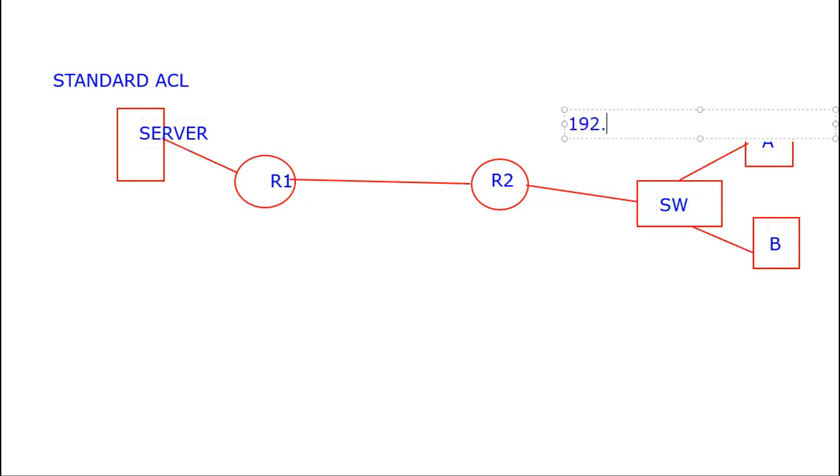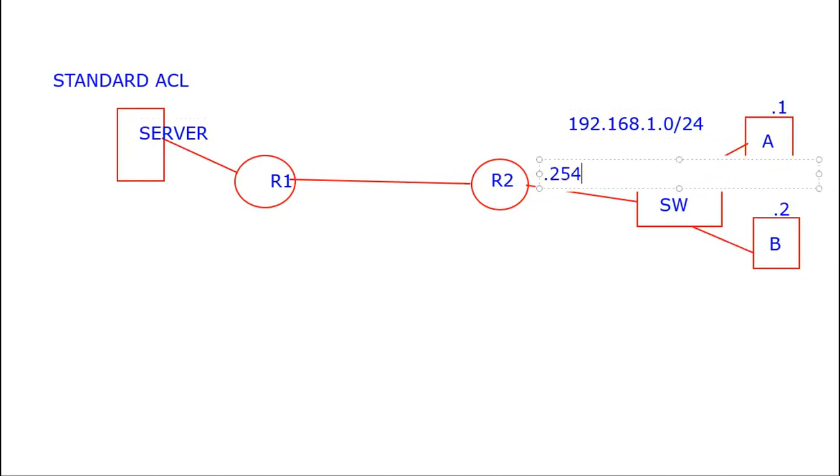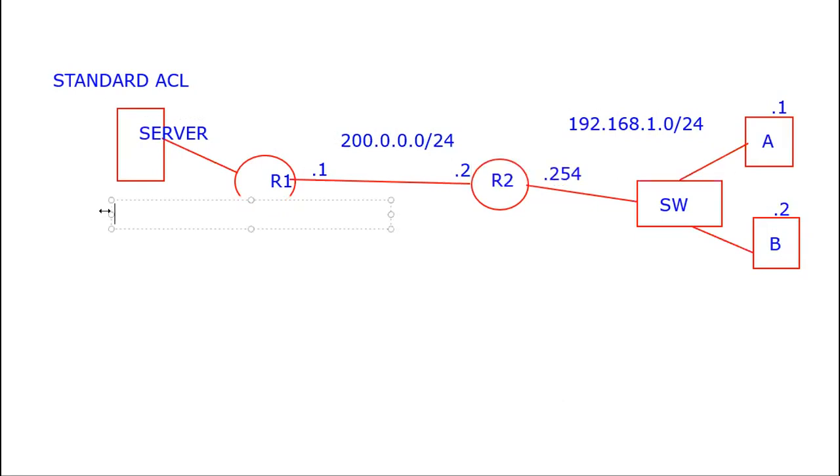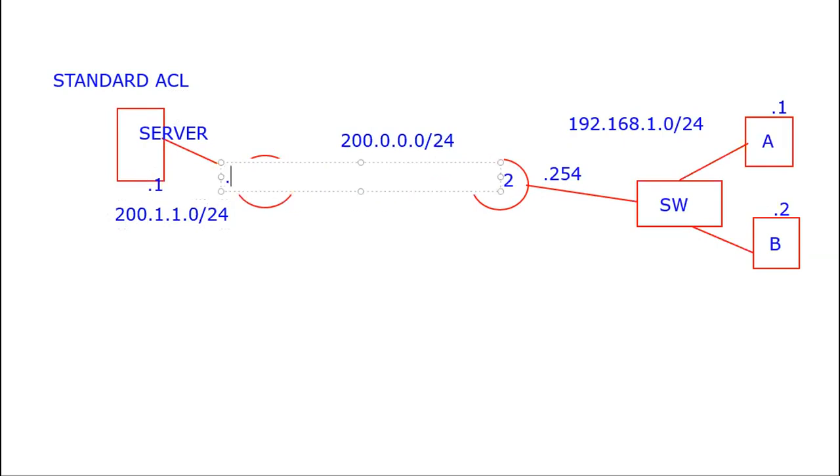Let's say this is 192.168.1.0/24, and this is 200.0.0.0/24, and this is 200.1.1.0/24.